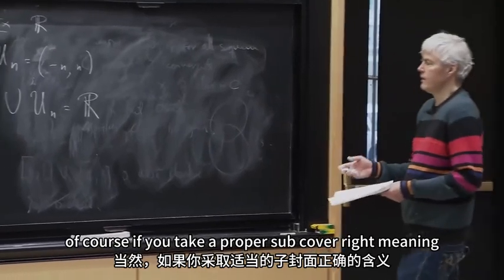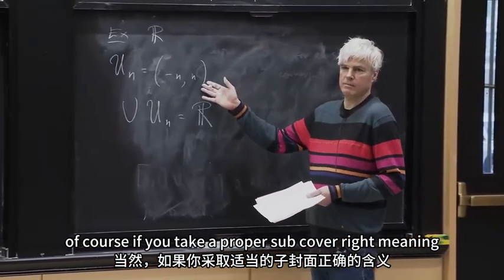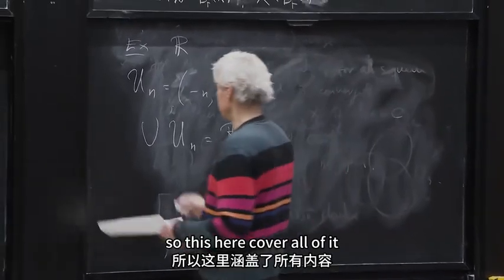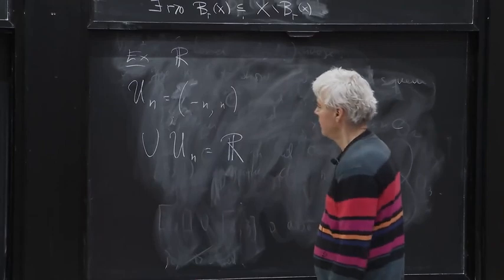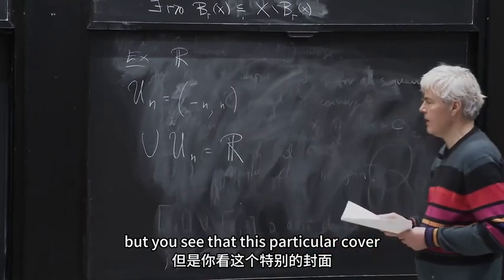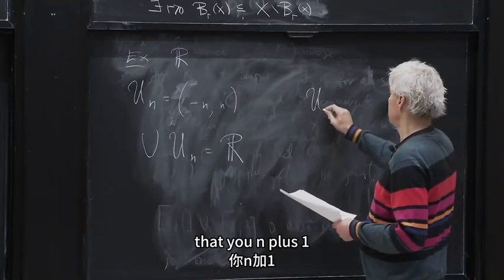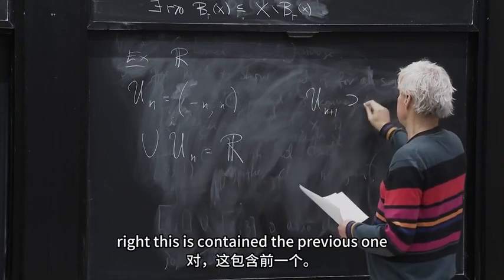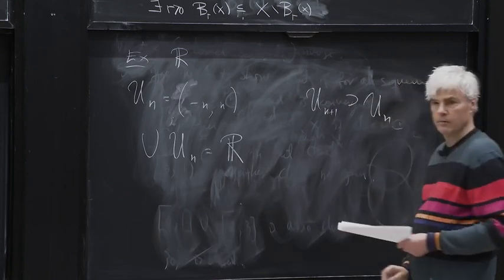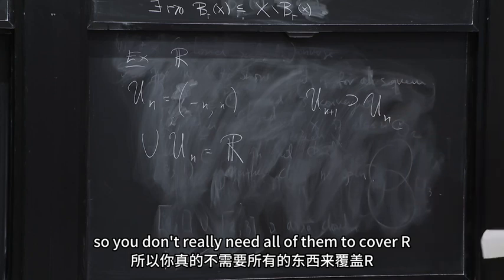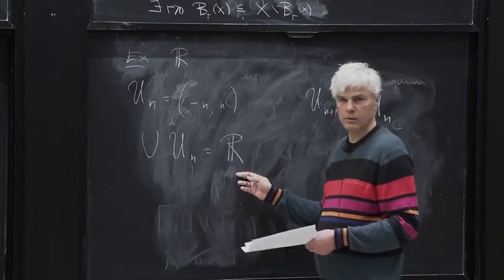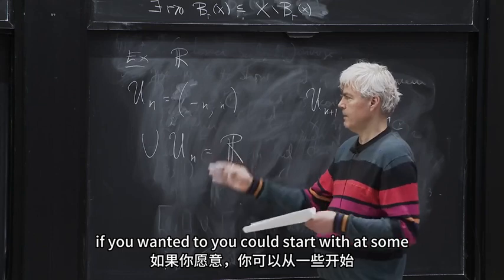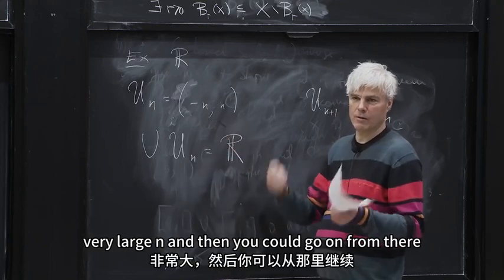Of course, you could take a proper subcover. This cover has the property that U_{n+1} contains the previous one, so you don't really need all of them to cover R. If you wanted to, you could start at some very large n and go on from there.